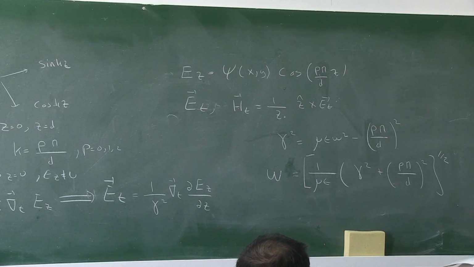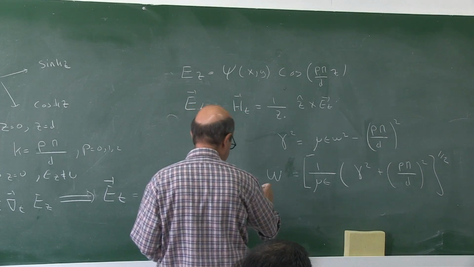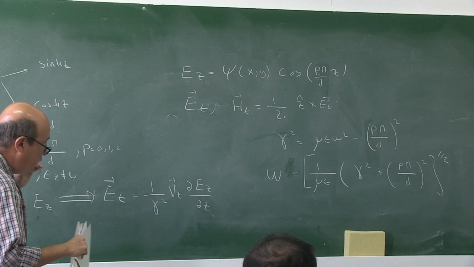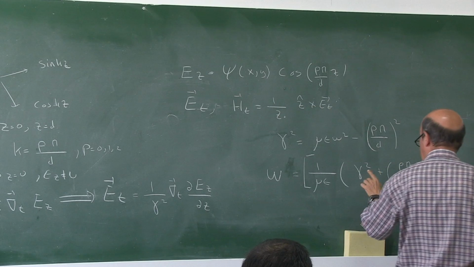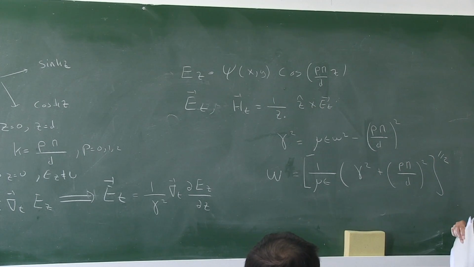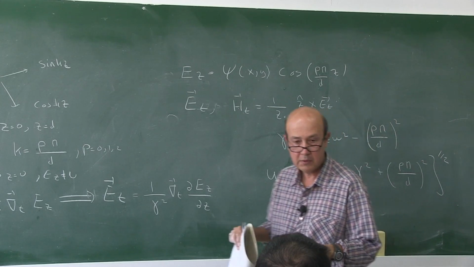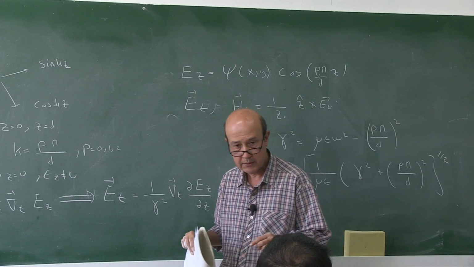So these are the frequencies corresponding to the resonant mode. So these are the frequencies which are surviving in the cavity. How can we get the gamma? Gamma is coming from the solution of the wave equation.